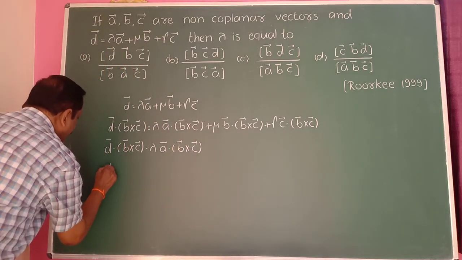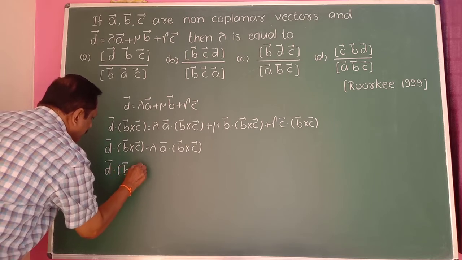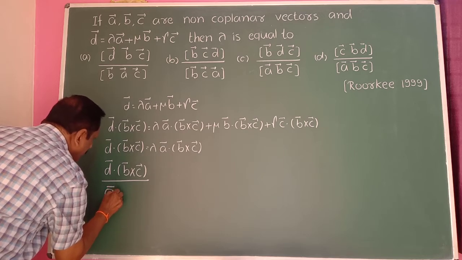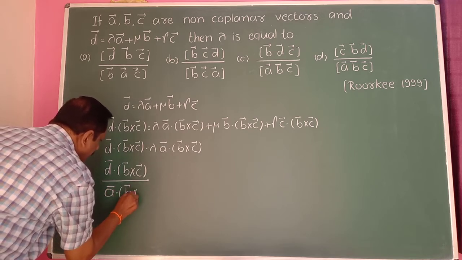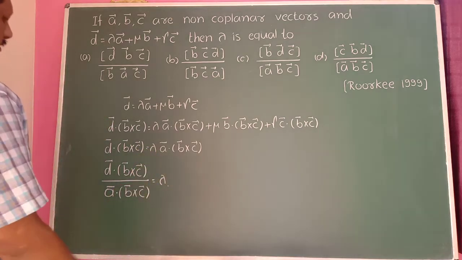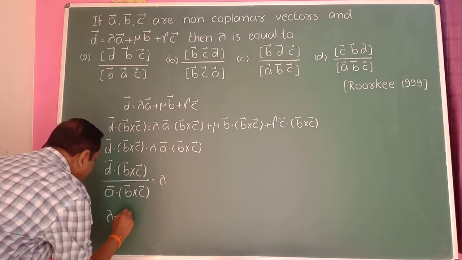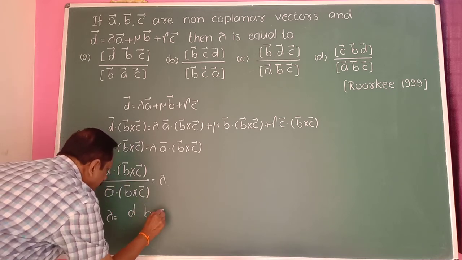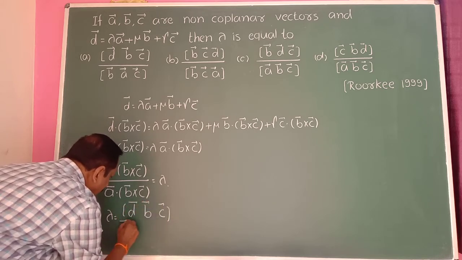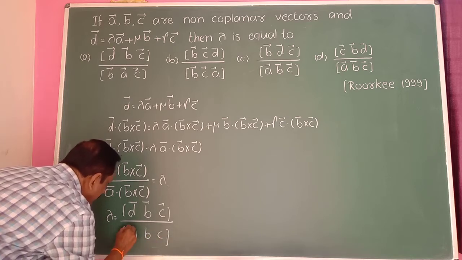So D bar dot of B bar cross of C bar divided by A bar dot of B bar cross of C bar is equal to lambda. Then this can be written in this form also: lambda is equal to the scalar triple product DBC divided by the scalar triple product ABC.